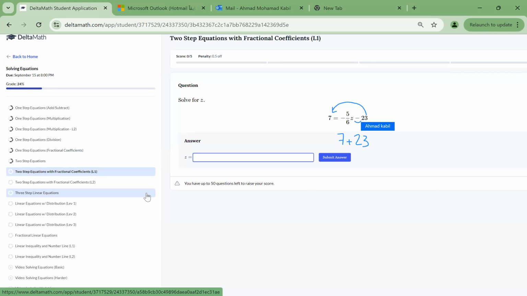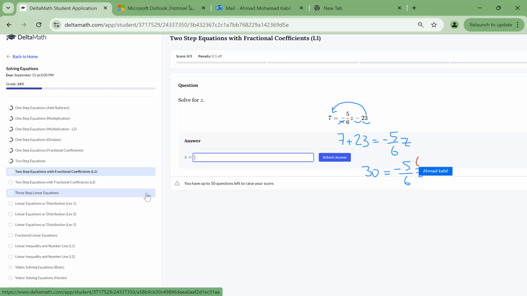Of course, the negative here is attached to the 23, so that it goes with it to the left, but we change the sign so it's positive. However, this negative is attached to the 5 over 6, so we keep it right next to it, right there. So negative 5 over 6 times z, I mean. So 7 plus 23 on the left, this gives us 30, equals negative 5 over 6 times z.